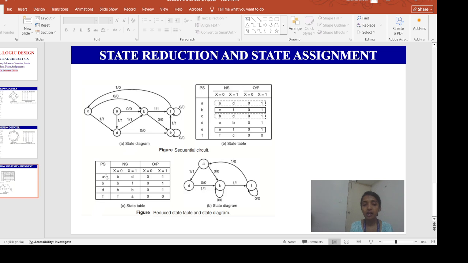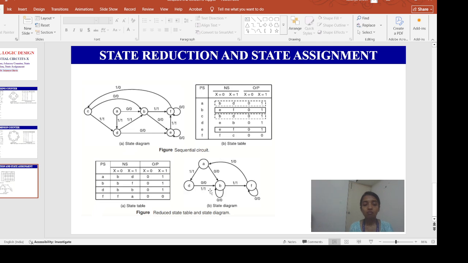If I am at A, I want to go to B. What is my input? 0 and output 0. So 0, 0. Likewise, this will be my final state diagram. First, every possible set of inputs generates exactly the same output and the same next state.